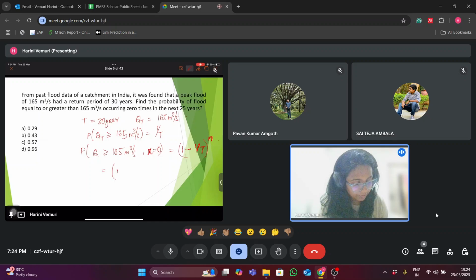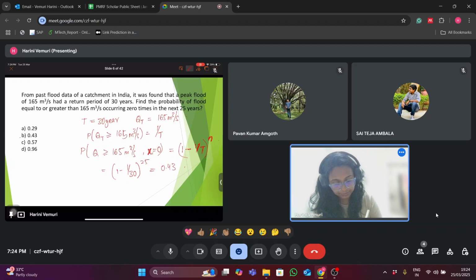How we will calculate: 1 minus 1 by 30 whole power 25. So once you solve it, the answer will be 0.43. The probability of flood equal to or greater than 165 meter cube per second occurring 0 times in the next 25 years is 0.43.